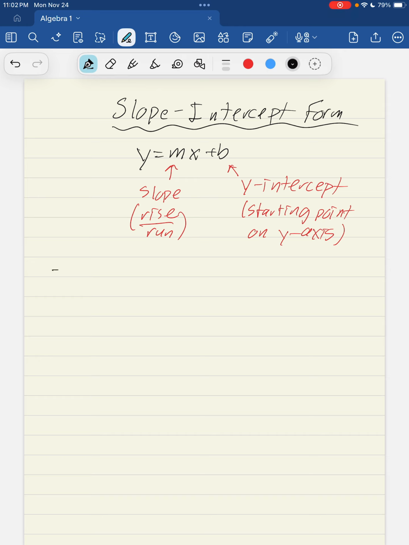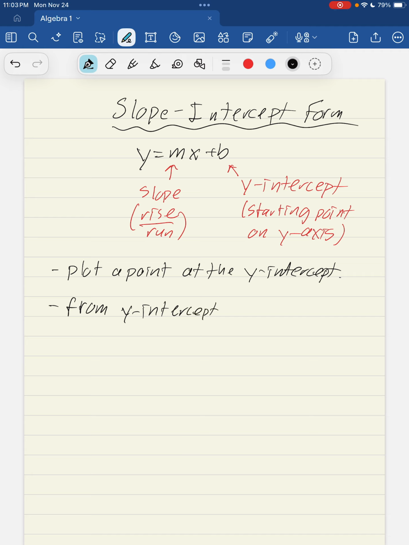What we want to do is plot a point at the y-intercept. That's step one. Step two is from that point, you move the slope from the y-intercept.